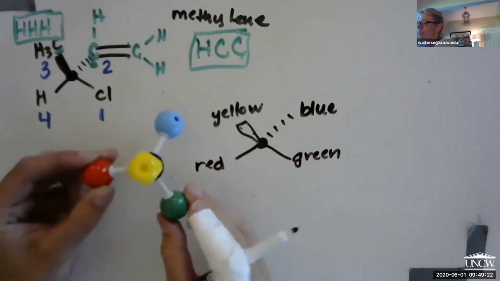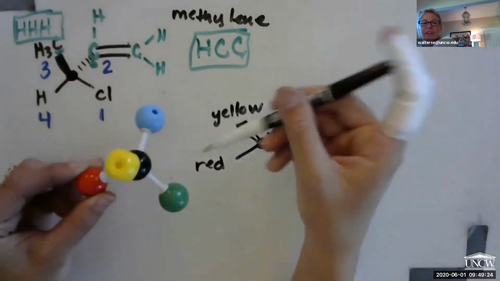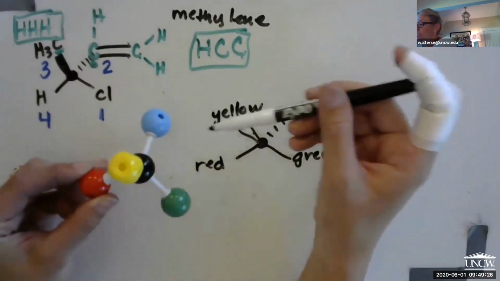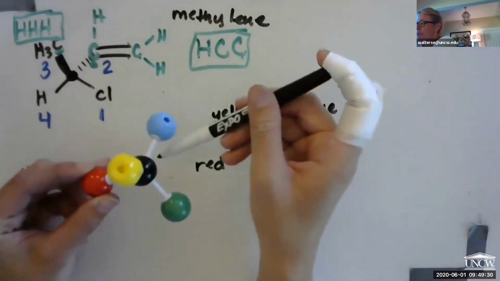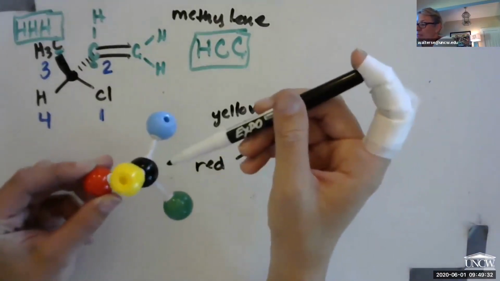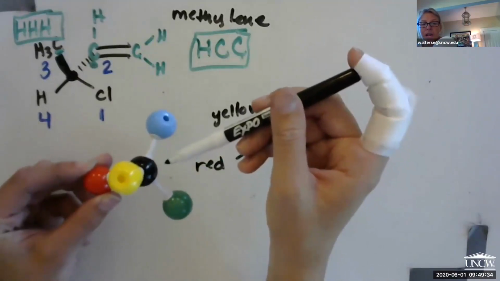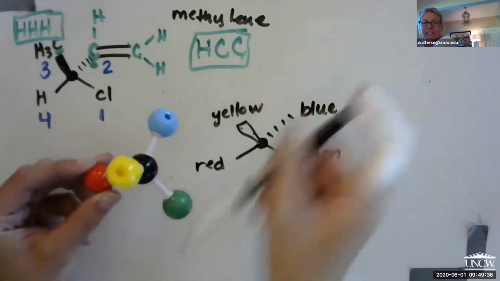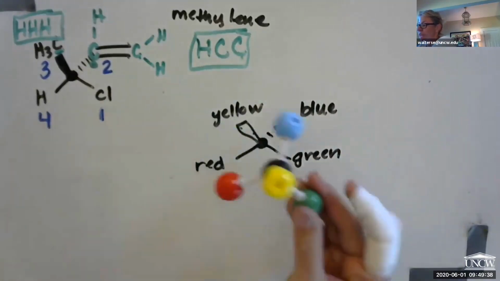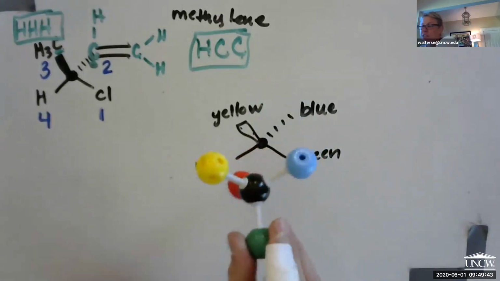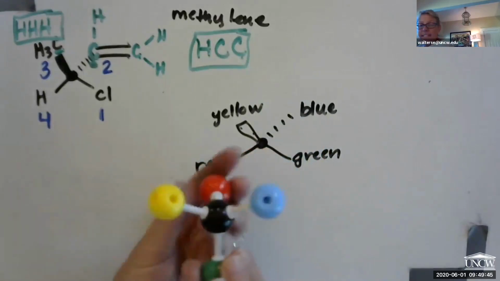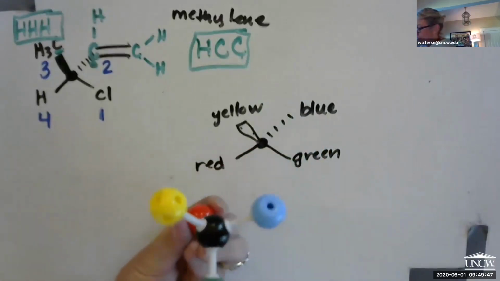Okay. Now, you can either try to look down from this direction, like coming in like this, which would make the red number 4 behind your line of sight. Or you take your model and you rotate it, so that now what you have is the hydrogen at the back.